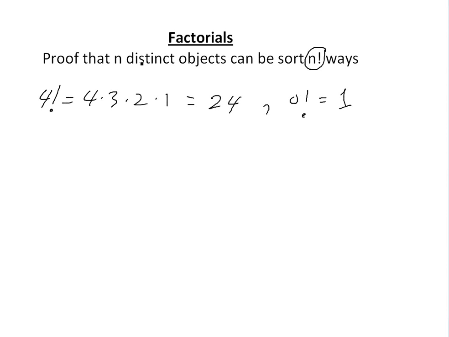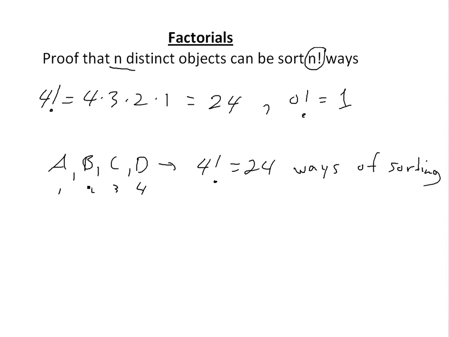And this proof, I showed in my other video as well. I showed that if you had A, B, C, D, which is 4 letters, you can label them 1, 2, 3, 4. So this could be sorted in 4 factorial ways, equals 24 ways.